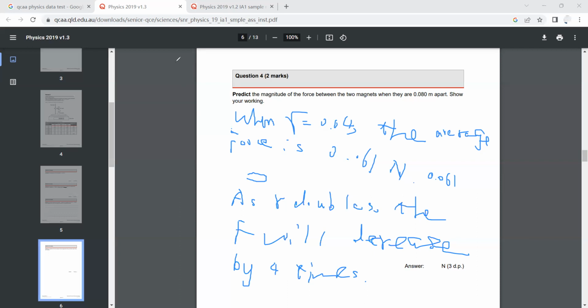So it's 0.061 divided by 4. It is 0.015.